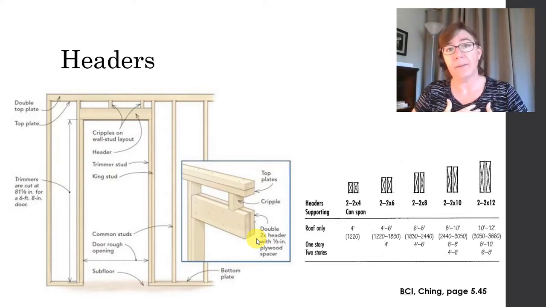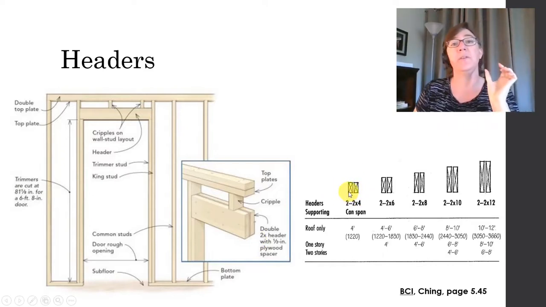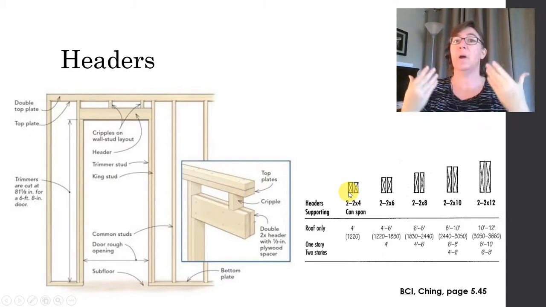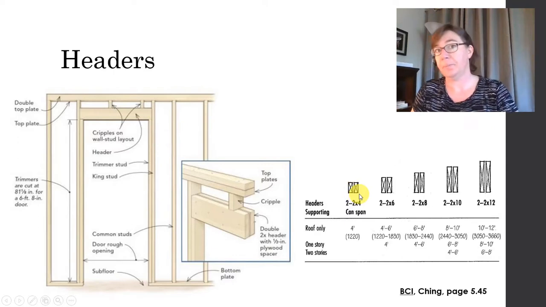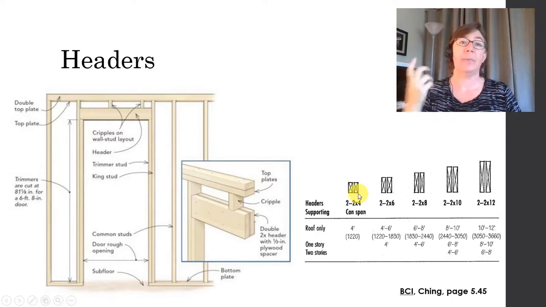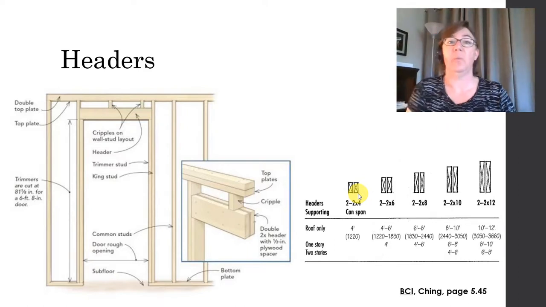And why is that? It's because, if we take a look at this piece in section here, remember that a 2x4 is 1.5 inches by 3.5 inches. So if you add up 1.5 inches for one, 1.5 inches for the other, you're going to end up with 3 inches. But your wall is 3.5 inches wide.